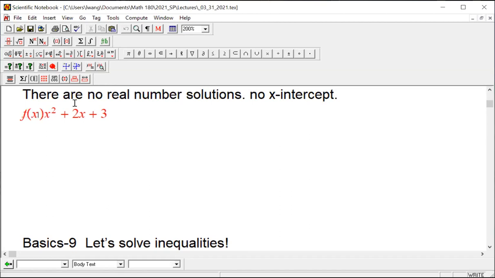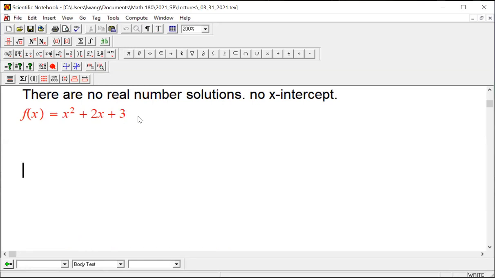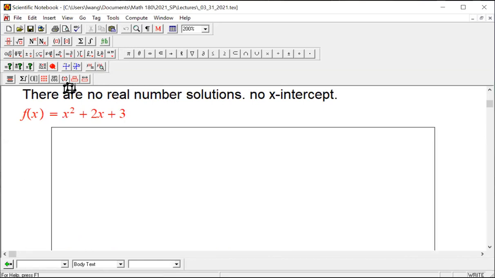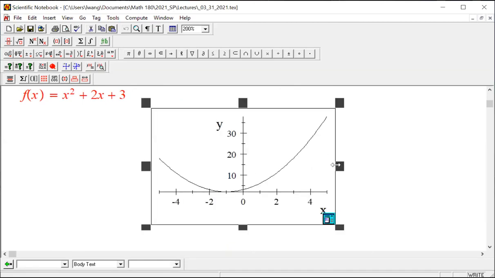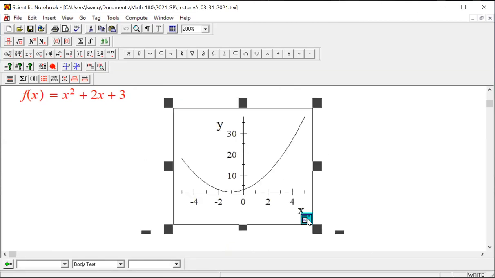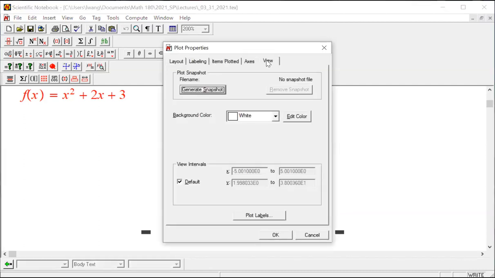This is a parabola that's above the x-axis. Okay, so now if we graph it, which is just a click away, let me just make some adjustment to this.